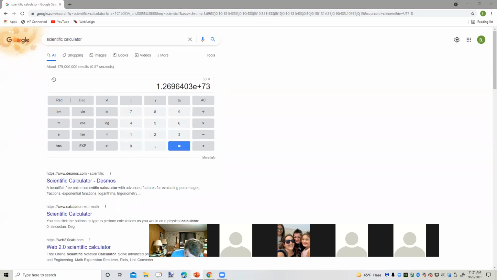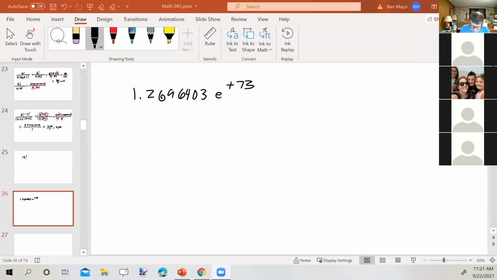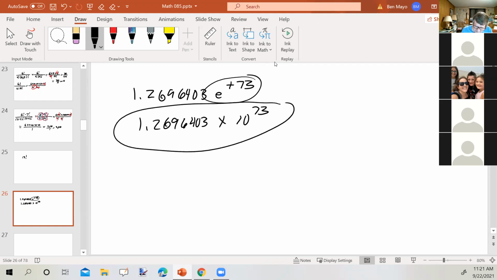So 1.2696403 E plus 73, okay, that is 1.2696403 times 10 to the 73rd power. So even though the calculator shows that, you don't want to write that. You need to write it like this. Okay.